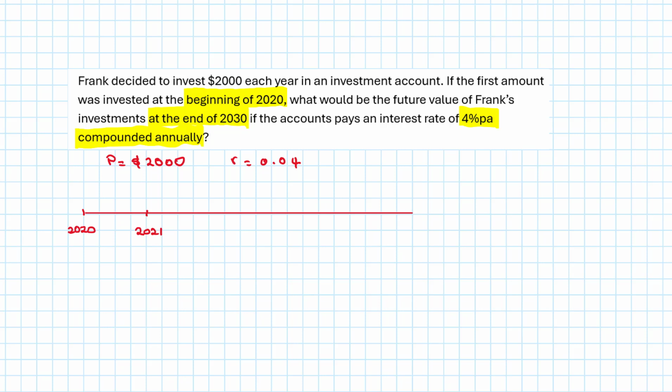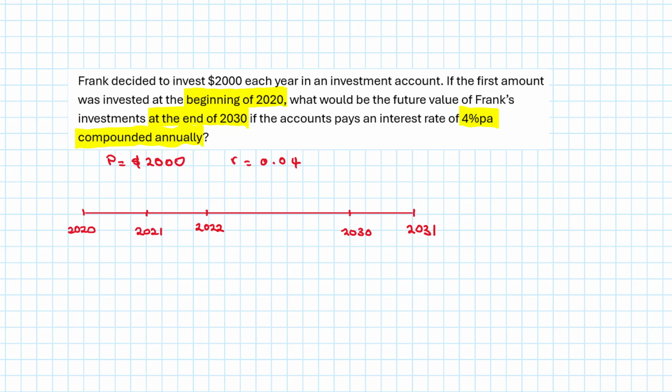2021, that's the start of 2021, end of 2020. So what we need to finish with, let's just put 2022 in as well, because we really need 3 to establish a pattern. This is the start of 2030, but we are going to the end of 2030, which is the start of 2031.